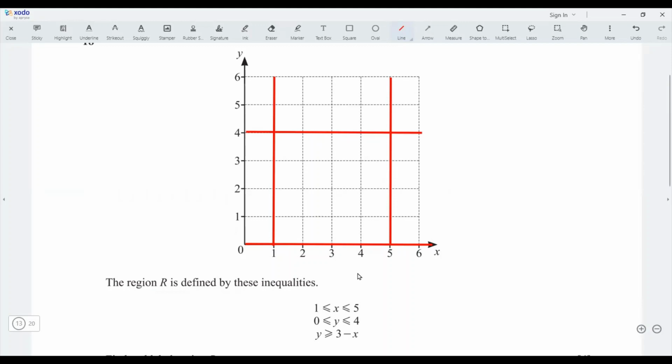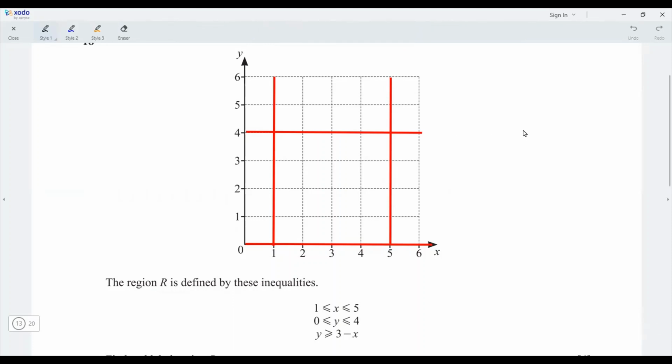How to draw the last one? For the last one, we can see it's represented in two variables. So we have to look at the standard form of the equation of a straight line, which is y equals mx plus c. Looking at this inequality, the coefficient of x will be negative, so it's negative x, and similarly it's positive 3.